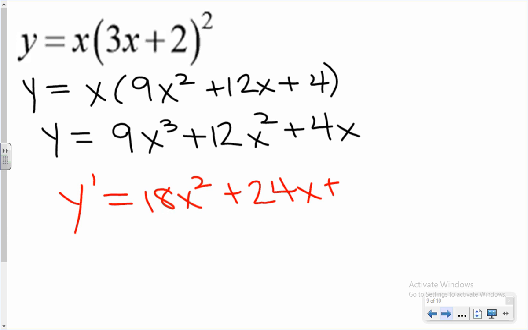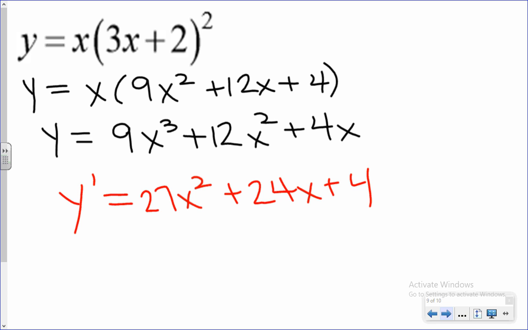Plus the derivative of 4x, Marcus. 4. Yes. Say it with confidence. 4. When it's x to the first power, we just look at that constant. All right, and there you have it.